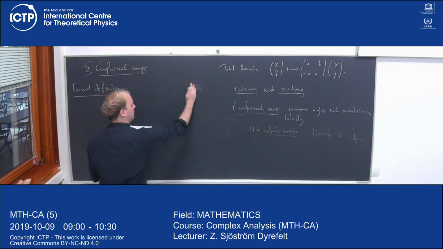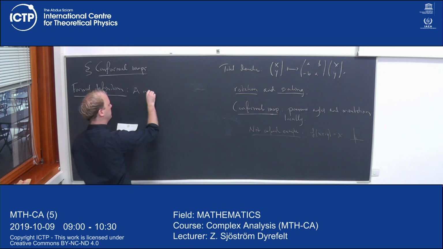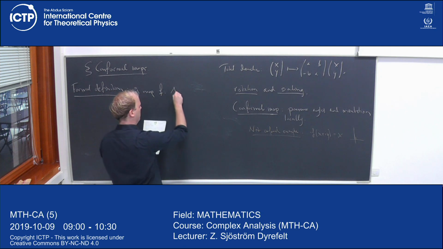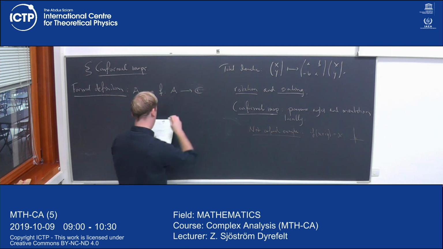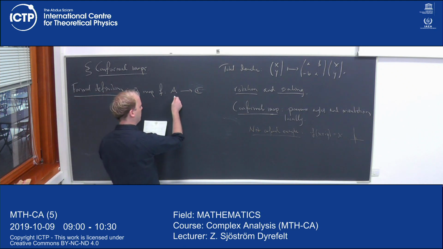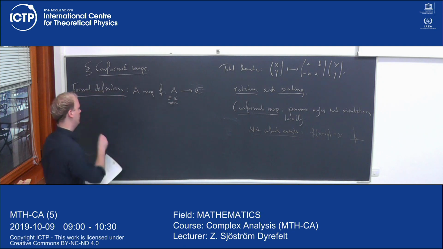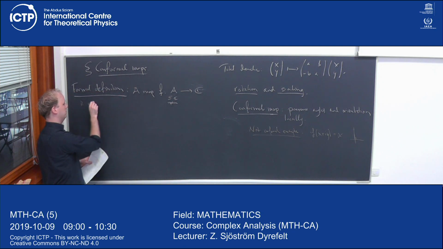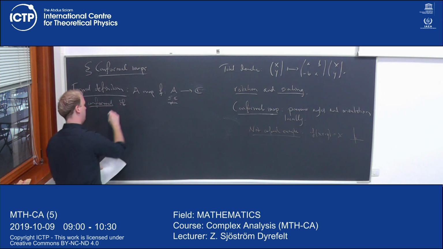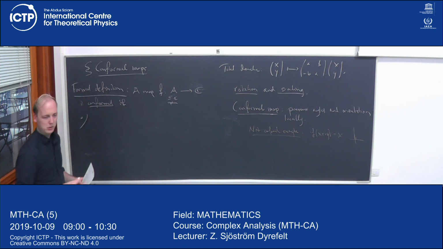A map F from A to C, where A is an open set of C, as usual, is conformal if the following three conditions hold.